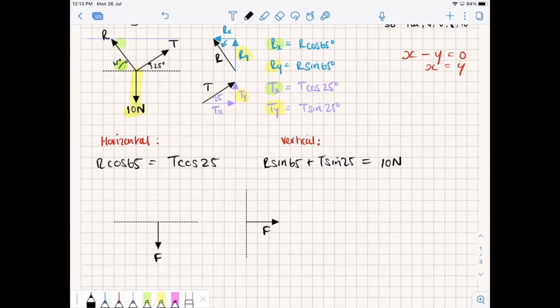If you consider how we've been analyzing forces as up and down and left and right, when we've resolved them, we've split them up into their up and down and left and right, right? And we consider them separately. We consider the vertical components separately, and we consider the horizontal components separately. So when we're looking at vertical components, there are no horizontal components.